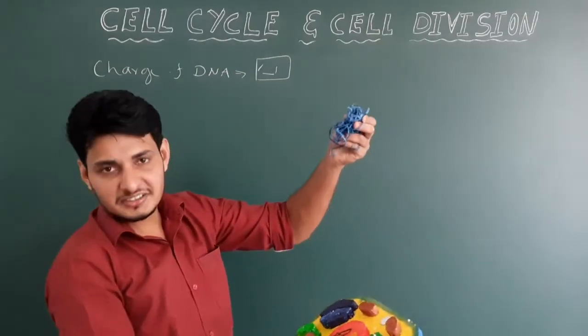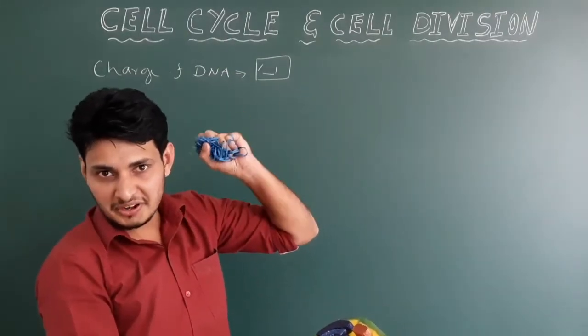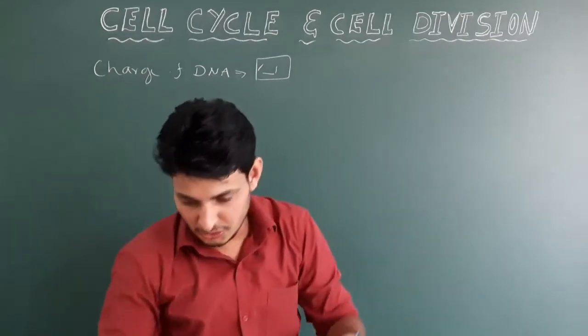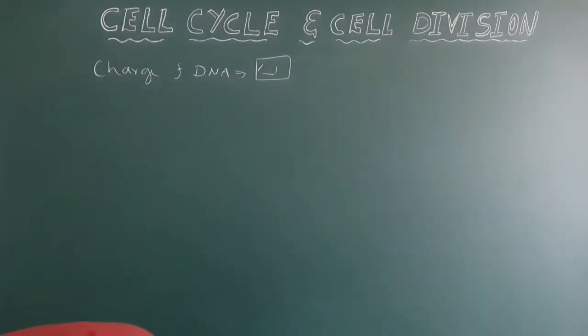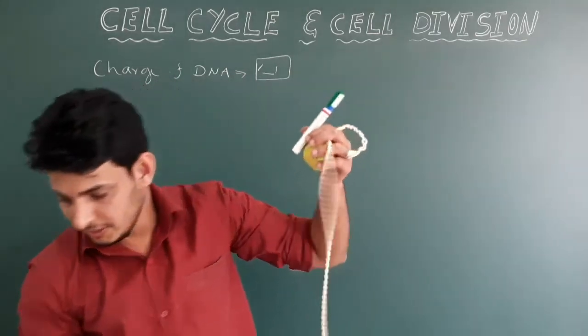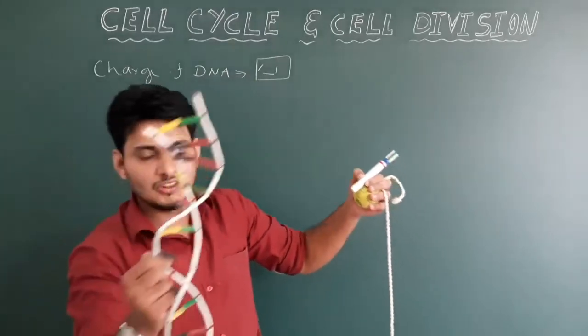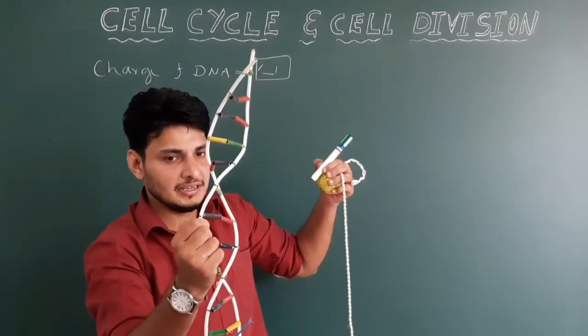So who helps in the condensation of the DNA? This is very important. So now we go to the next level. For this, I need this. See, please do understand this. This is actually the actual structure of the DNA.